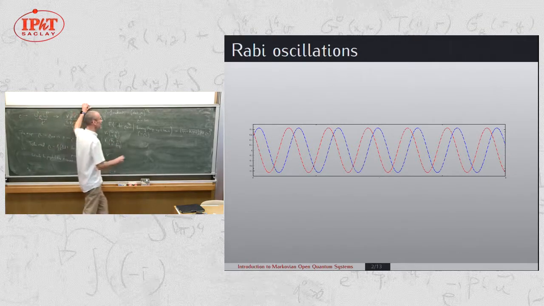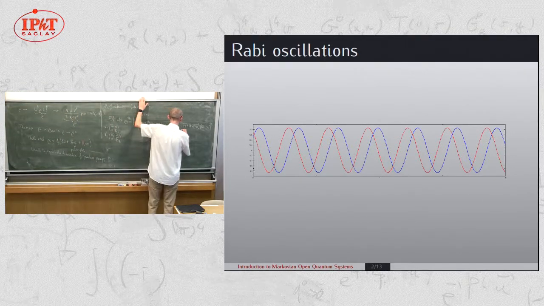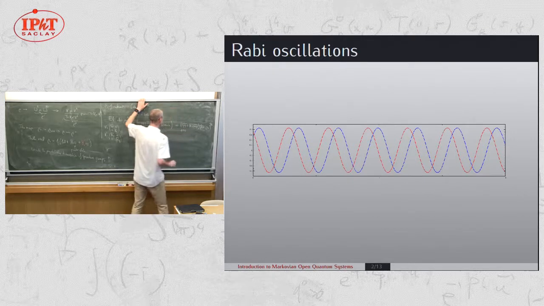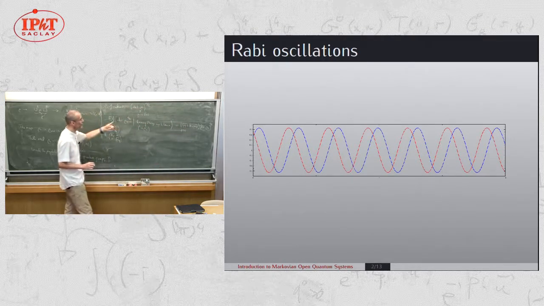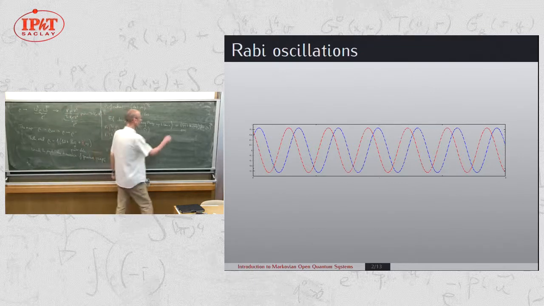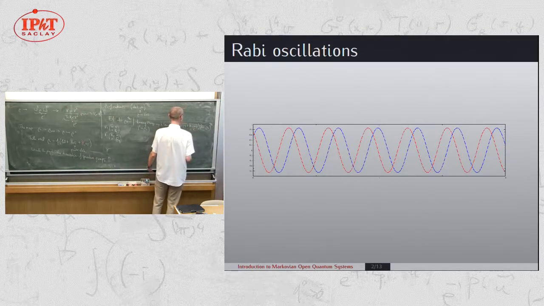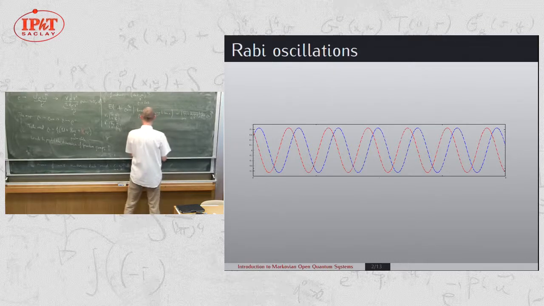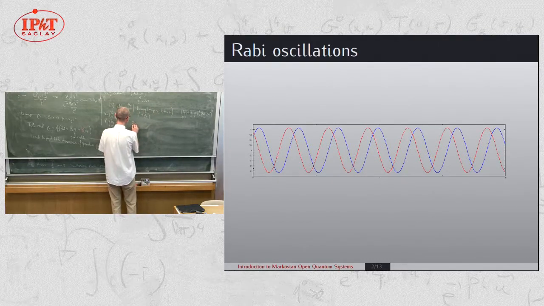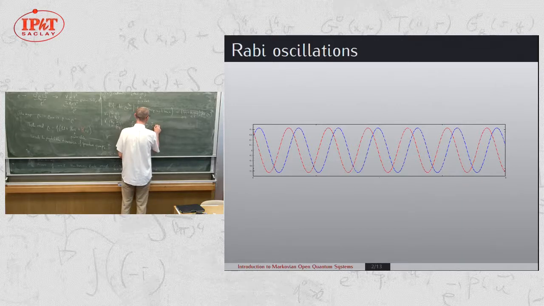Now, I claim that if P is different from Q, which means that you make a difference between the two pointer states, then this is always strictly less than 1. Why is it so? Well, this is the Cauchy-Schwarz inequality. Look, if I write down the sum over a of x_a y_a, we know that this is always less than the sum of x_a squared, times the sum of y_a squared, to the 1/2.